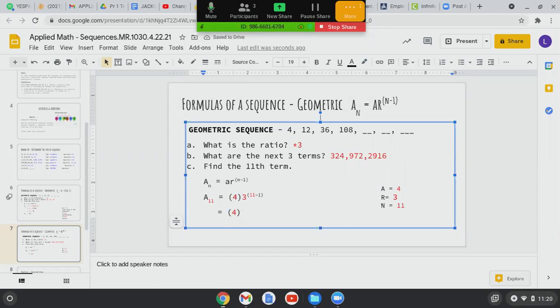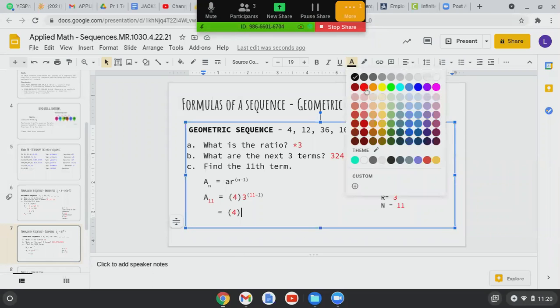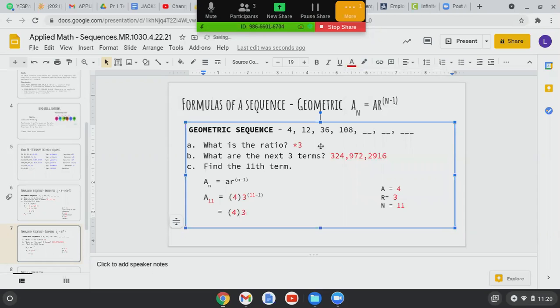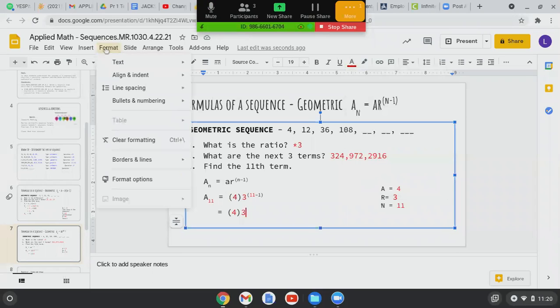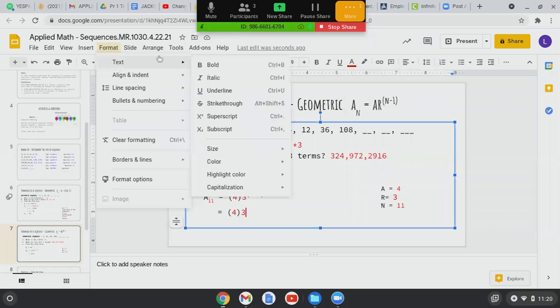We have not used the 3 yet. And we are going to simplify the exponent.